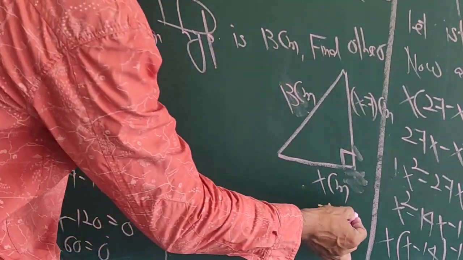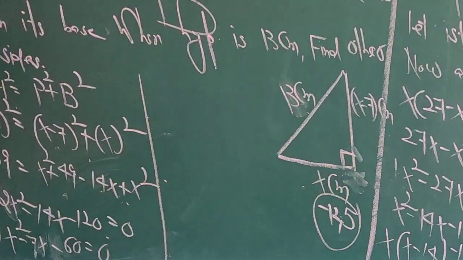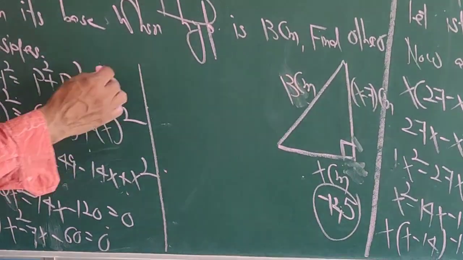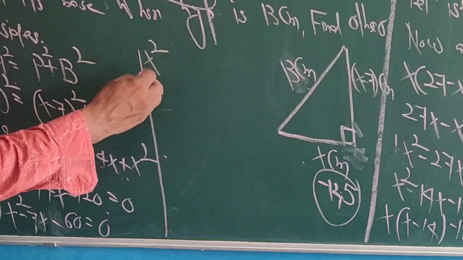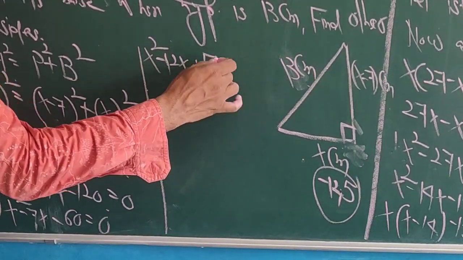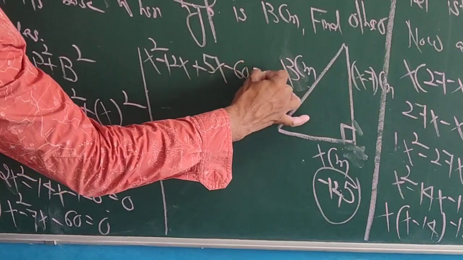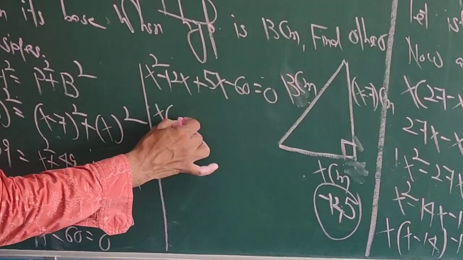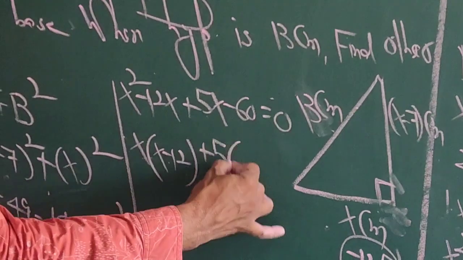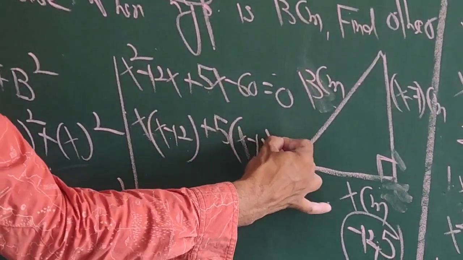So we can say that minus 12 and 5 are two suitable factors of this quadratic equation. So it can be written x square minus 12x plus 5x minus 60 equal to 0. Now taking x common from the first two terms, x minus 12, and taking 5 from the next two terms, we get x minus 12.